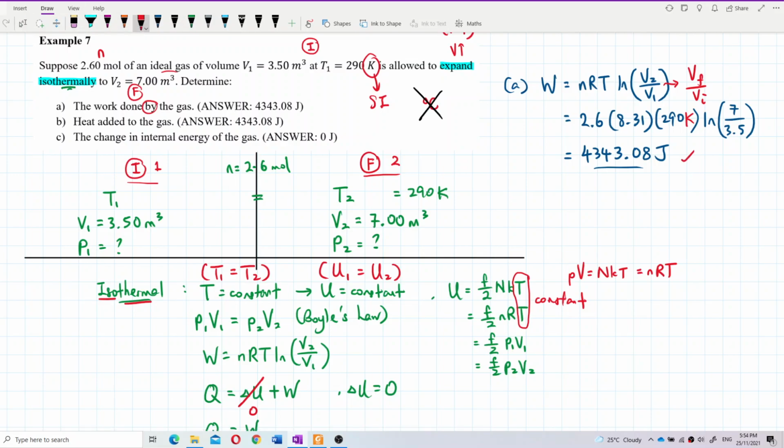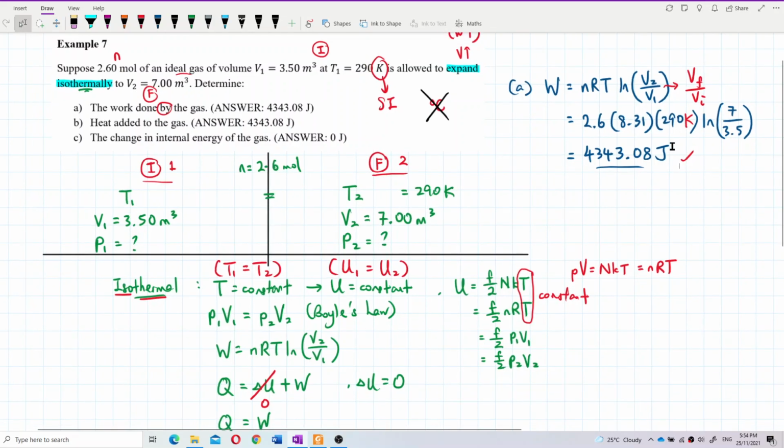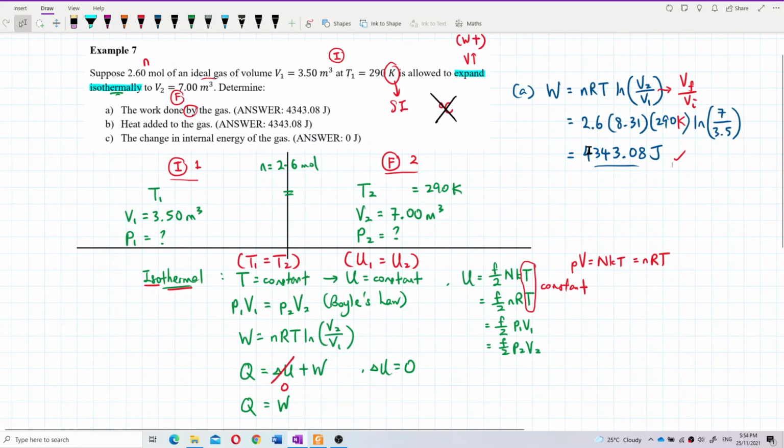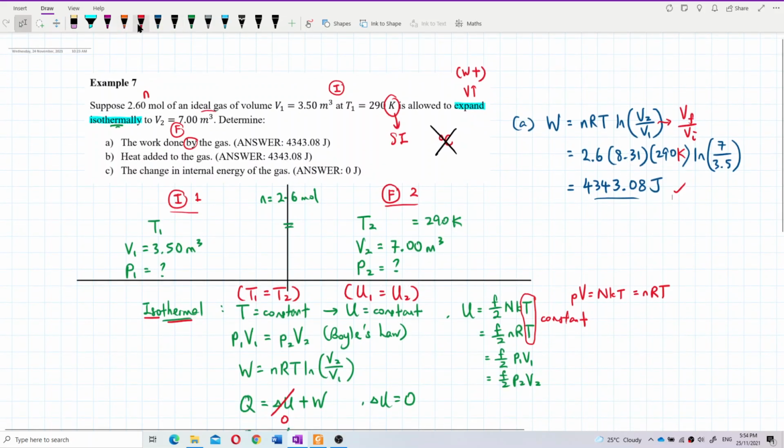Okay, and then what is the heat added to the gas? Wait a second. Is this a positive or negative work done? I get a positive value.